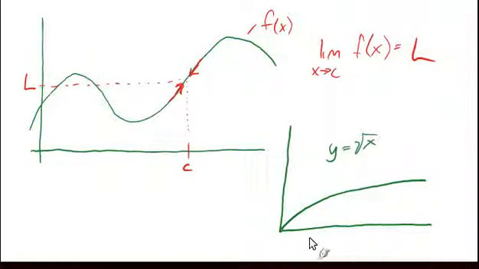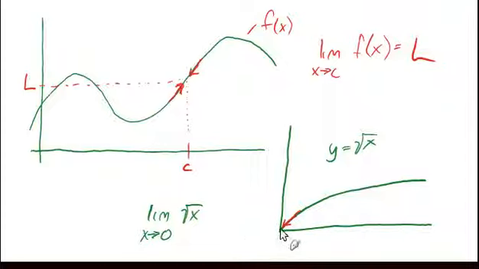Well, what would be the limit as x approaches 0 of the square root of x? On the right side, as we put in values that are close to 0, like 0.01 and 0.0001 and 0.00001, we're going to get numbers that are close to 0, but on the left, this graph doesn't exist.